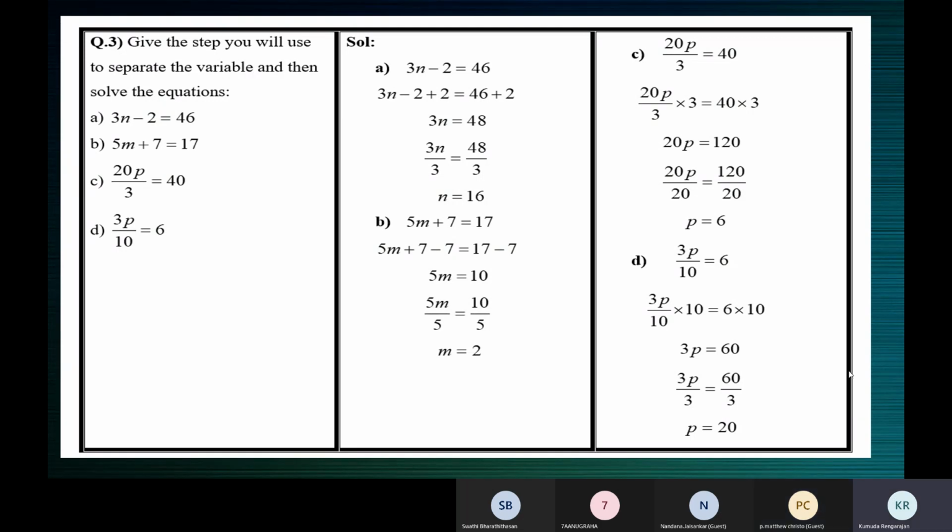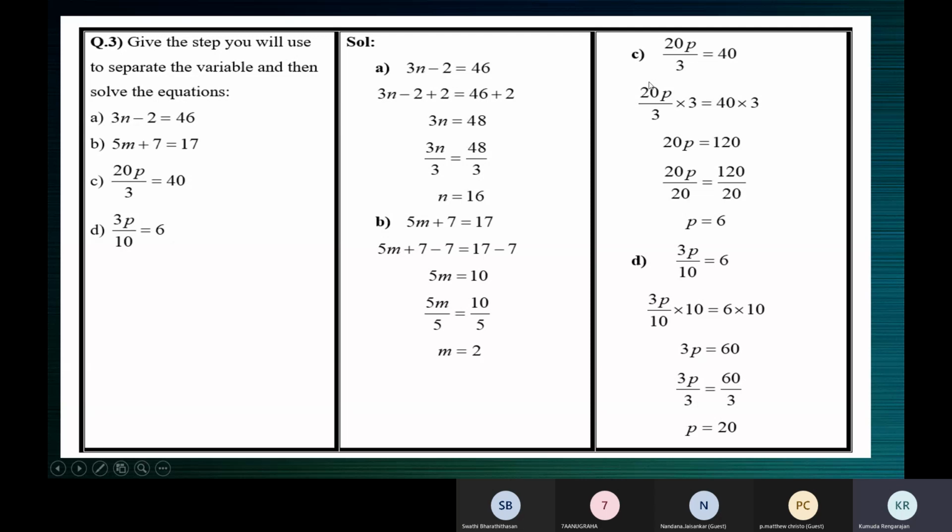Instead of multiplying by 3 and then dividing by 20, see, here we have done it in 2 steps. We've multiplied by 3 and then divided by 20. Instead, you can multiply by 3 by 20 straight away. That is the reciprocal of 20 by 3. The reciprocal of 20 by 3 is 3 by 20. You can multiply both sides by 3 by 20.